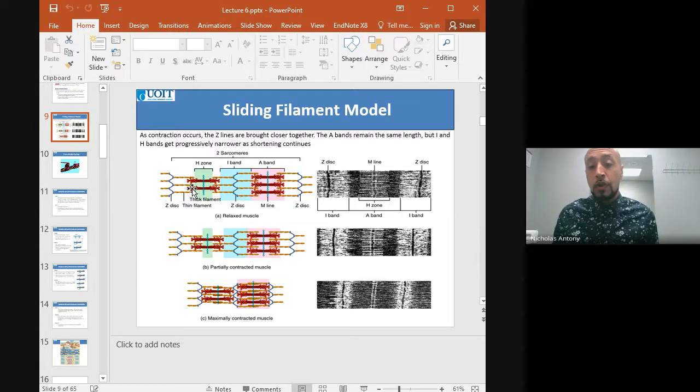So muscles will get stronger in one of probably 3 different ways. You could improve your coordination. You could change the firing rate or the number of motor units. You could also have muscle hypertrophy, so larger units. Yes, exactly.